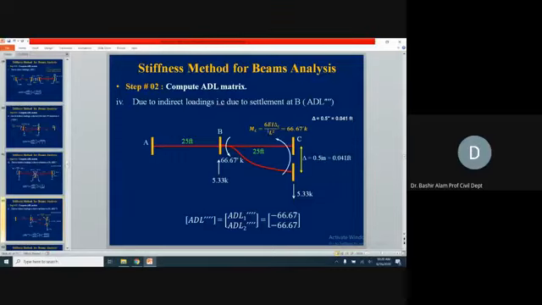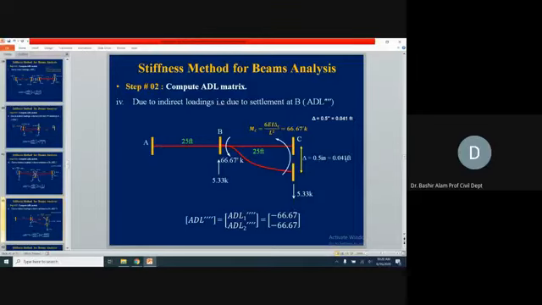Far end clockwise by the same magnitude, and this is the balancing couple. Now again you can see 6 EI delta C divided by L square, so 66.67 is coming. Delta is 0.014 feet here. Far end it is the same, and this is the balancing couple. So ADL1 tetra prime will become, corresponding to D1, minus 66.67, and the value is recorded here.